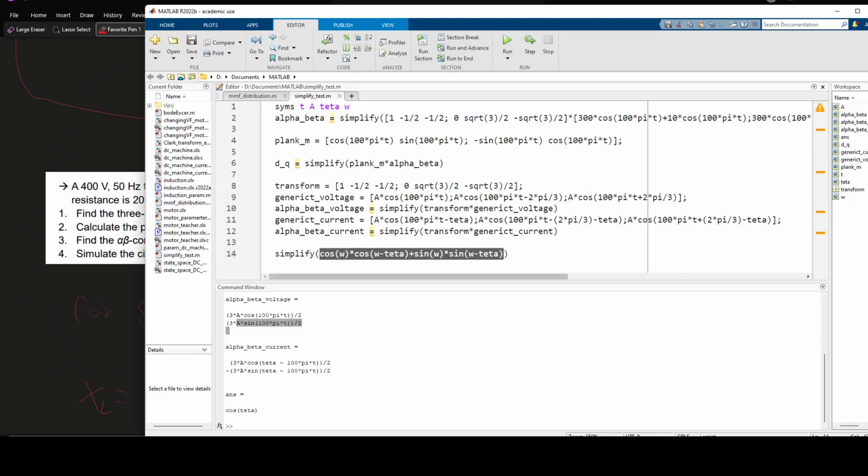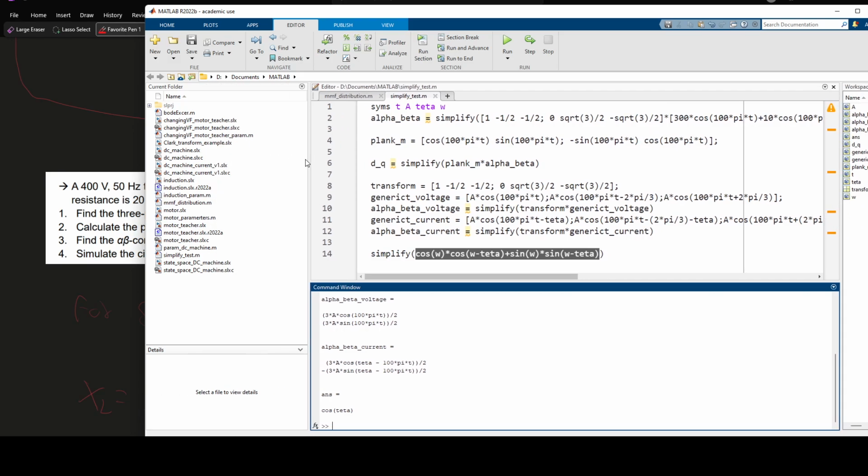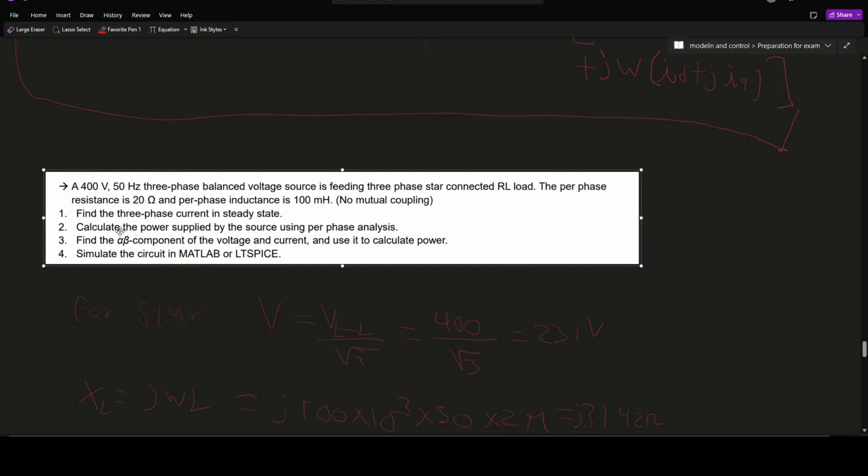Okay, so now it is asking us to simulate it. Let me see if maybe I already have it here. Clarke transform example, I think this is this one. It's asking us to simulate the circuit in MATLAB or LTSpice.